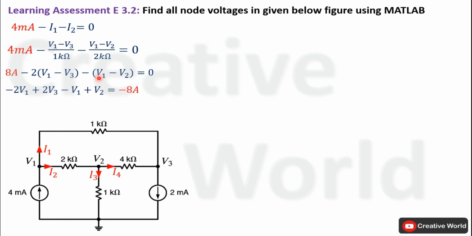And this minus will multiply with the minus outside of the bracket, it will become plus V2. Now arrange this equation by adding this minus V1 and minus 2V1, it will become minus 3V1 plus V2 plus 2V3 is equal to minus 8 ampere, and this equation is labeled as equation A. This is the first node equation of this network.